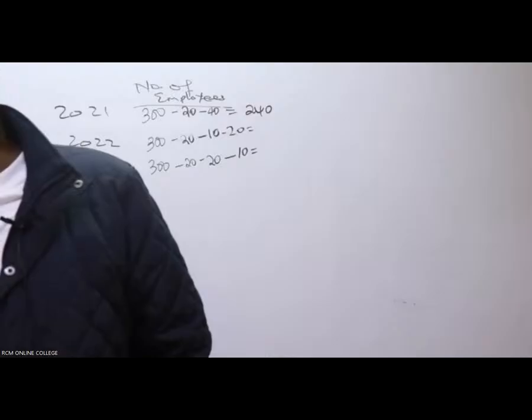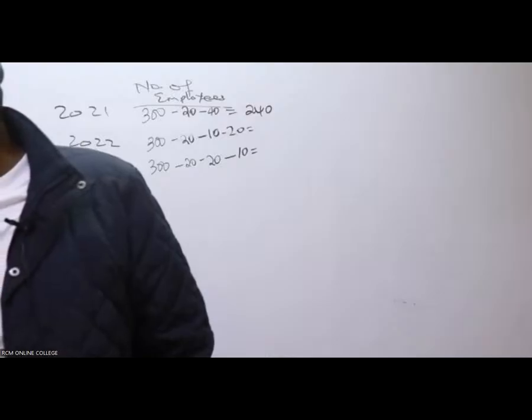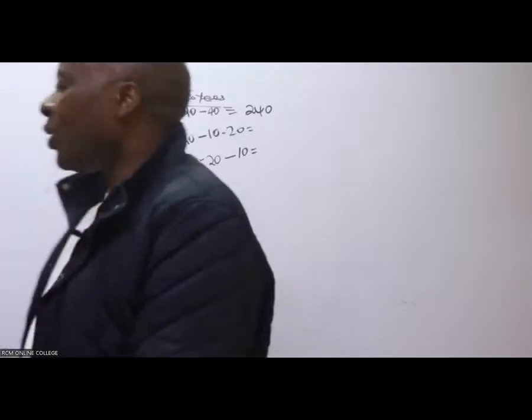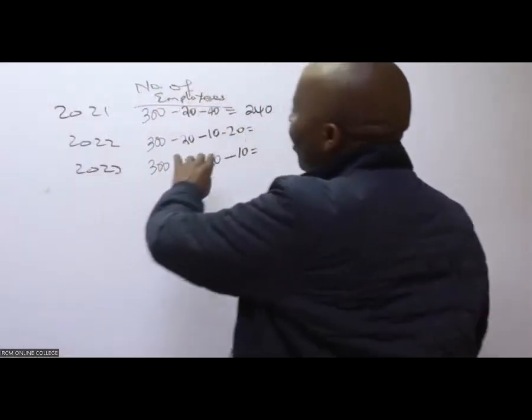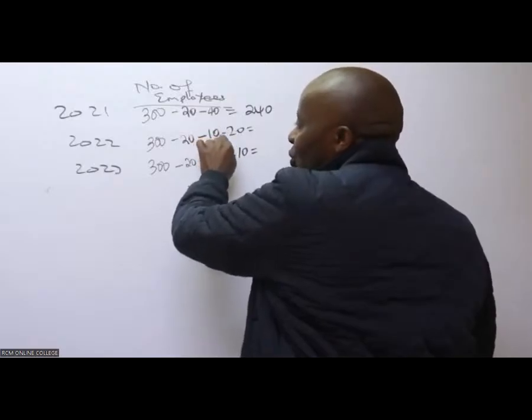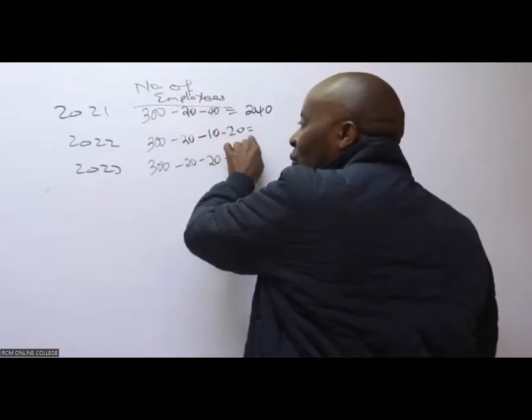Okay, so please go to 2022 now. So in 2022, what have they told us? During 2022, 10 employees leave. The entity estimates that a further 20 will leave during 2023. So it means that from these 300 that I started with, I should subtract the exact guys who left in 2021 too, minus this further 20.